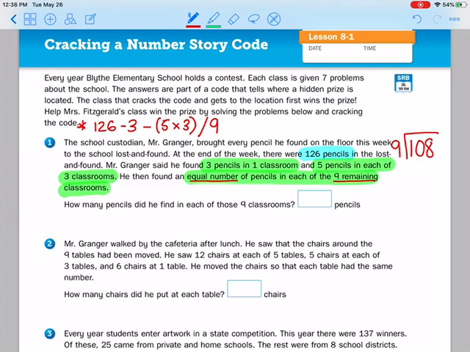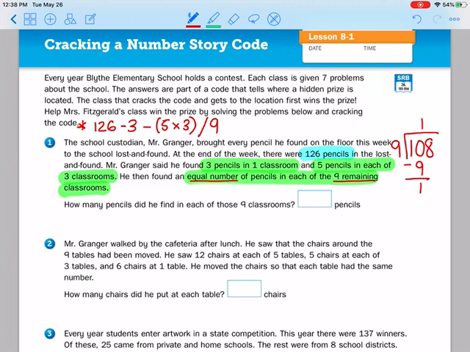Okay, so 108 divided by 9. I'm going to do just the traditional way because I don't have enough room to do partial quotient. I know 9 can't go into 1 because it's too big, but 9 can go into 10 one time because 1 times 9 is 9.